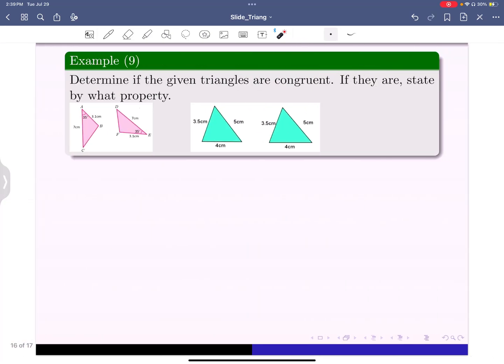And we have a simple example. Determine if the given triangles are congruent. If they are, state by what property. So in the first case, we have 7 centimeters, 7 centimeters, 35, 35, and 3.1, 3.1. So those two triangles are congruent.